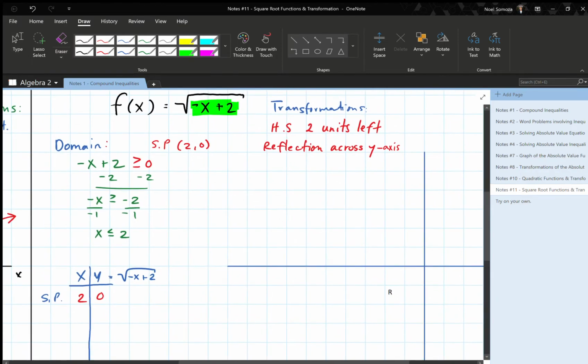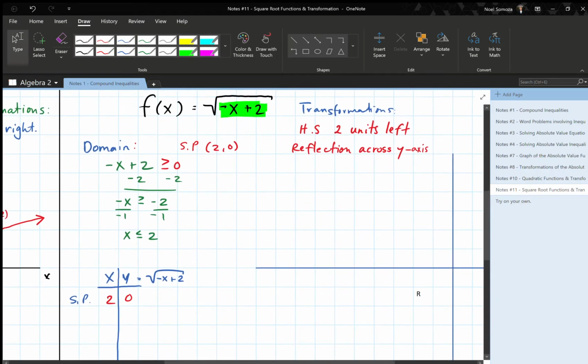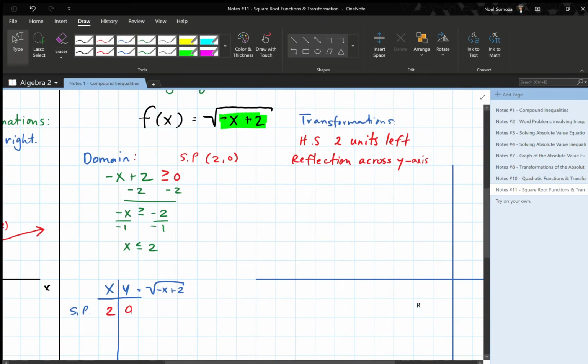Okay, so now let's think a little bit ahead. 2 is the largest number I can use. Every other number than that has to be less than 2. What would be another good value to pick for x here so that when I plug it in, I still end up with a positive inside and I can take the square root of it? 1. Let's try 1.